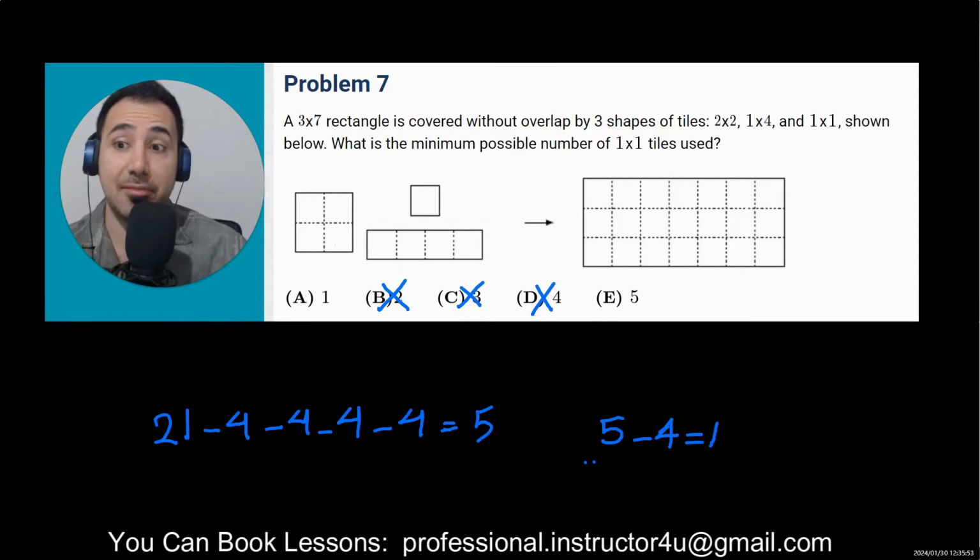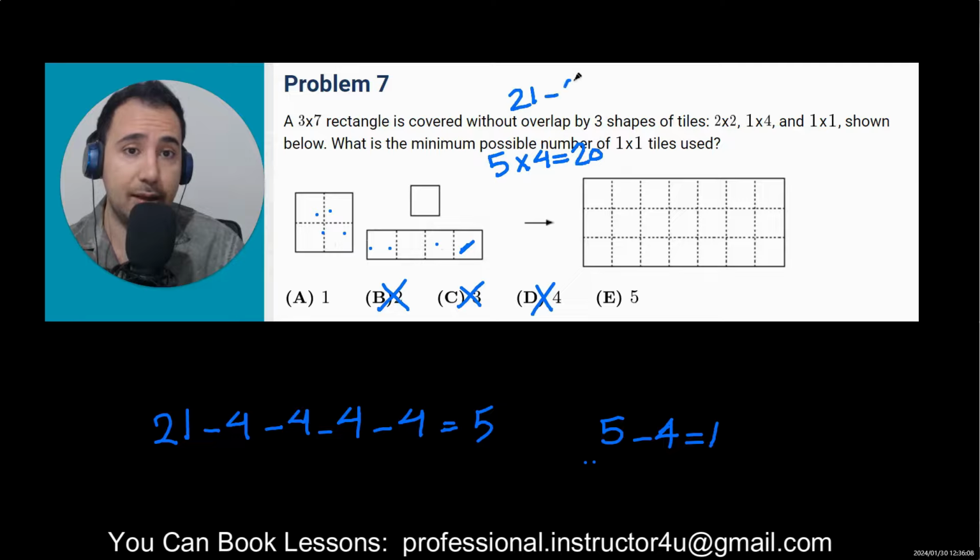And if, for example, we could put 5 of these inside, that means I use 5 times 4, which is 20. And I have only 21 here, 21 minus 20. 1 is also a possible value. So then can we really put 5 of these inside?